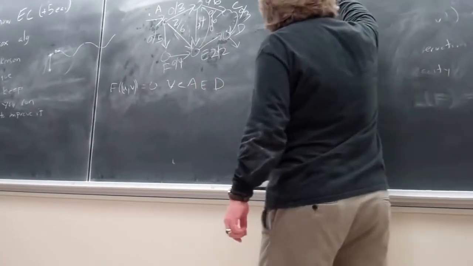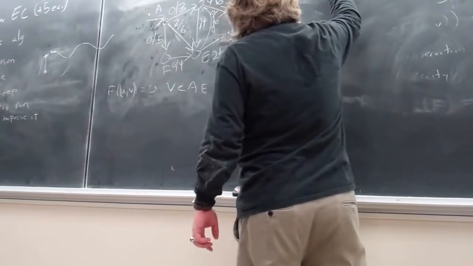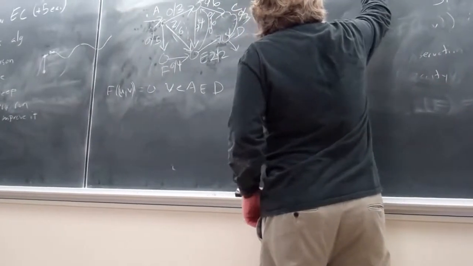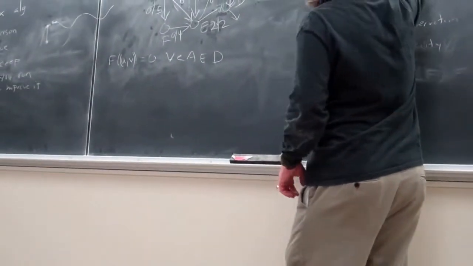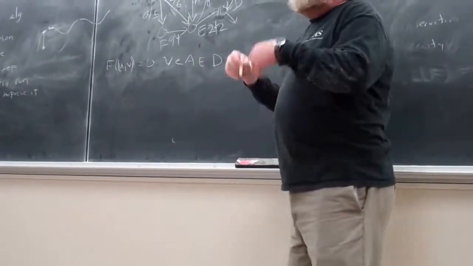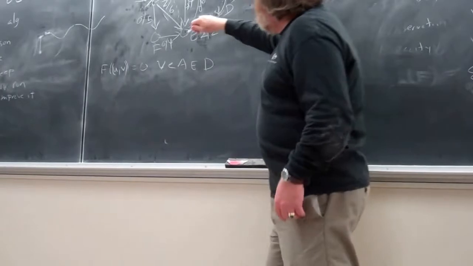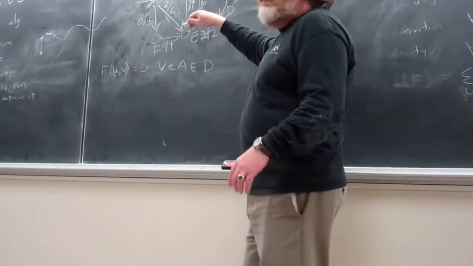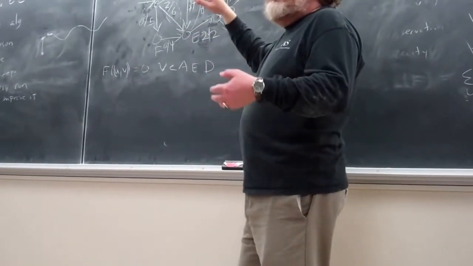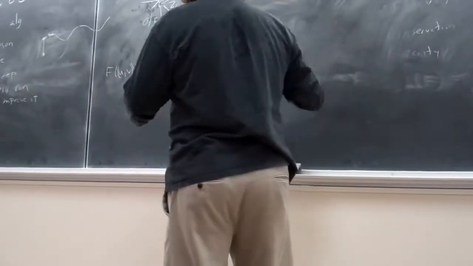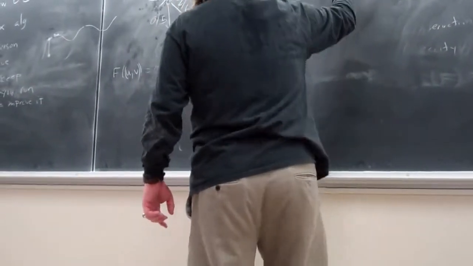So let's make a graph I'm going to call the residual graph. Okay? That's going to represent our ability to send additional flow. So once we fix this flow, how much additional flow can we send in the edges? And there's going to be one tricky point.